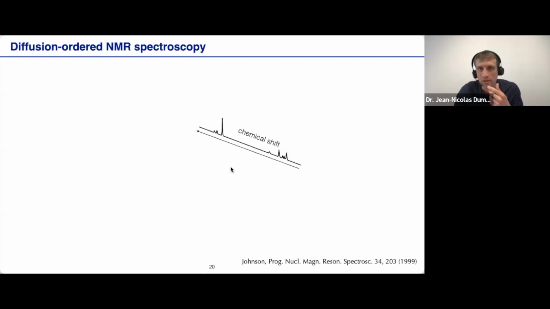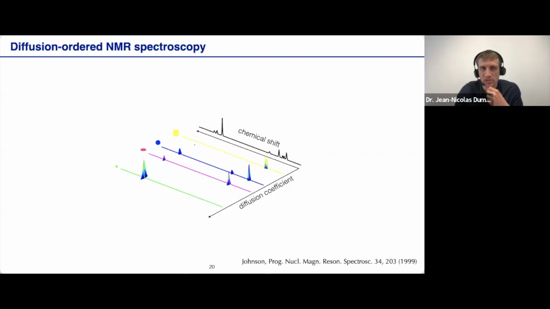And in favorable cases, that makes it possible to separate the spectra of the different components in the mixture without actual physical separation of these components, because all of the peaks for a given compound will align at the value of the diffusion coefficient for that compound. That requires sufficient spectral resolution and sufficient diffusion resolution, but you can achieve virtual separation of the components of a mixture.